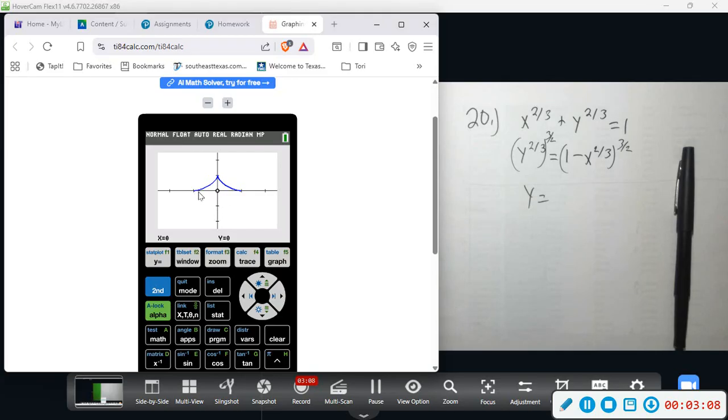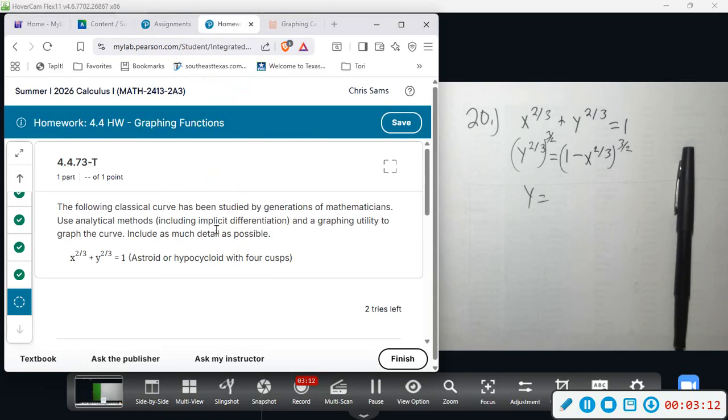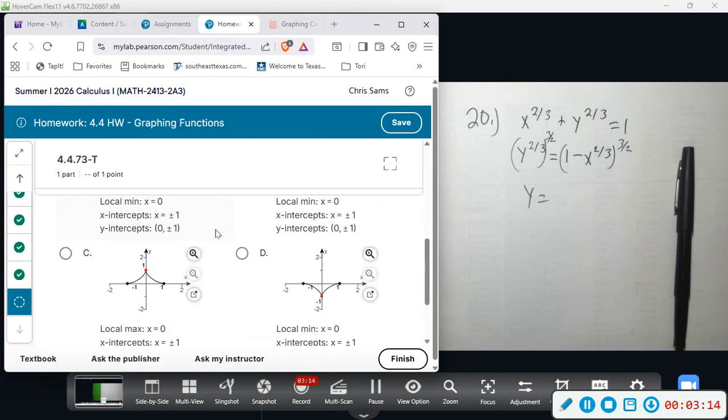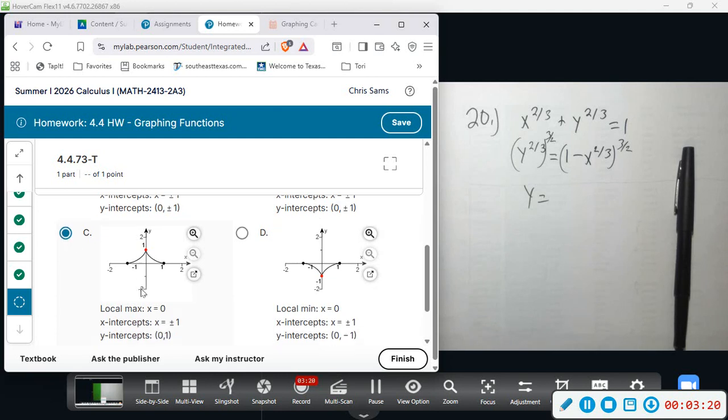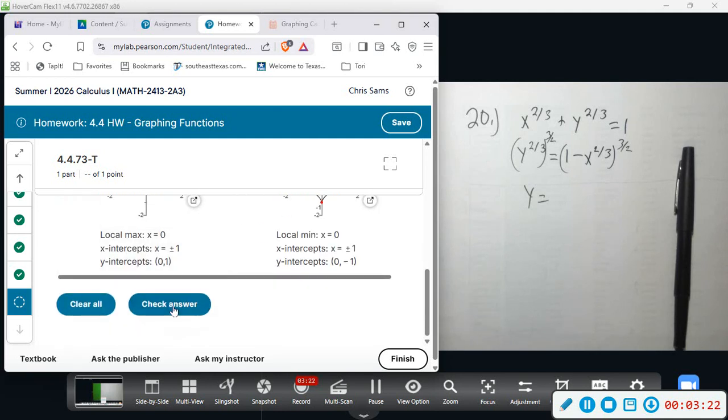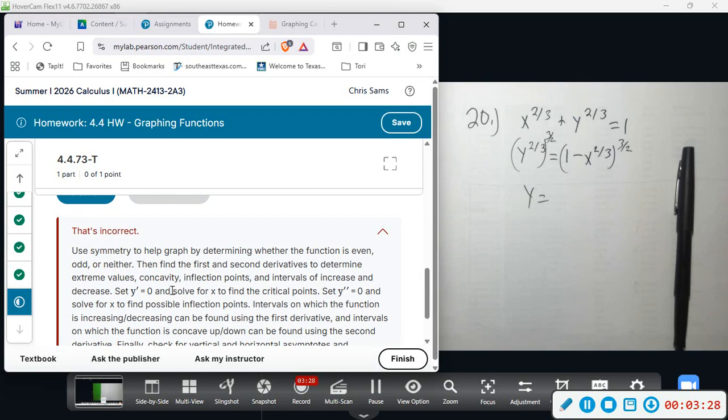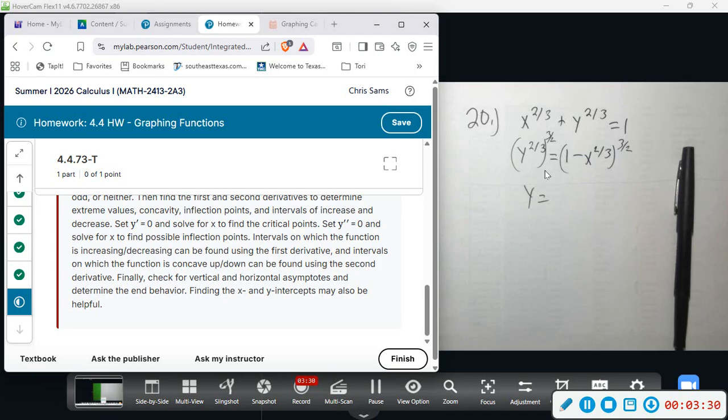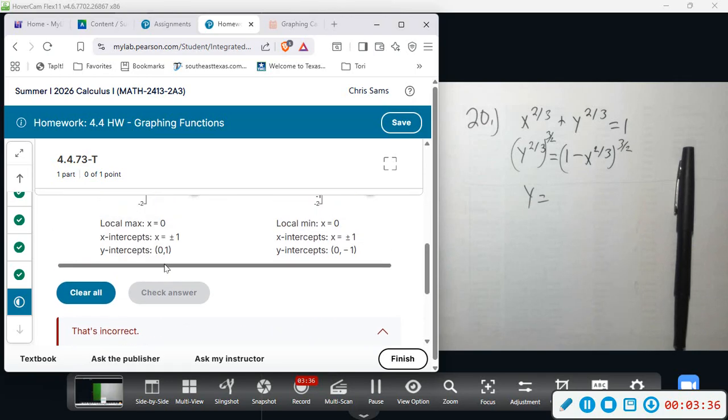Negative times a negative, so I would assume it would also include these. See, it doesn't like that, because whenever you do the square root, you got to consider positive or negative, and the calculator doesn't do that, so you have to do that by hand.